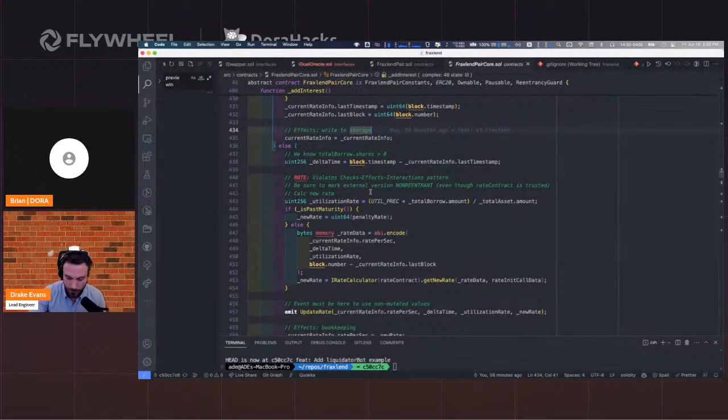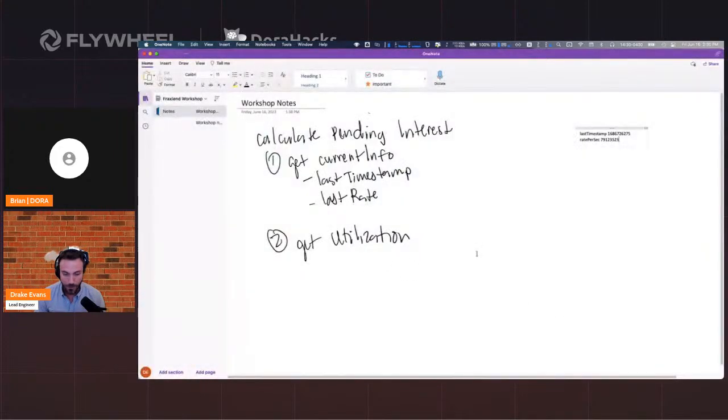So we'll actually get utilization next. Let me just switch this back to OneNote. So the next thing we'll do is get utilization, and that's going to be total borrow dot amount, divided by total asset dot amount.